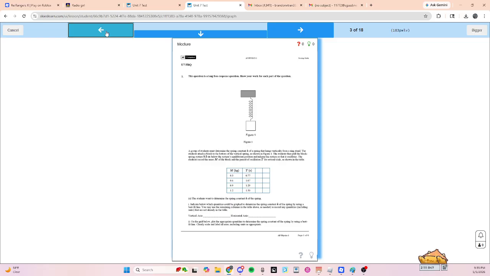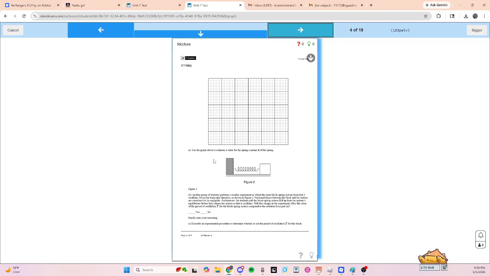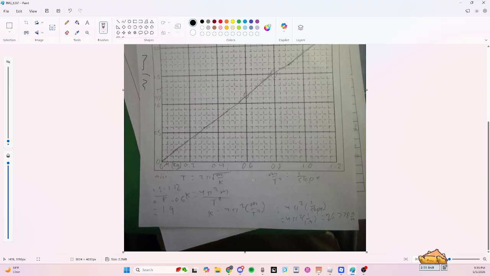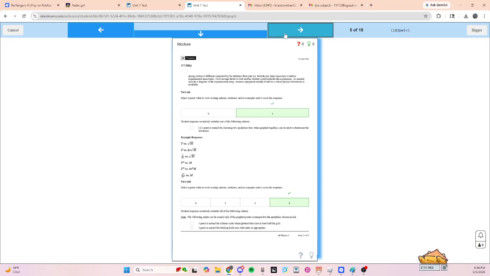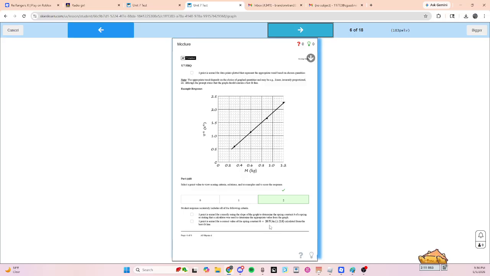Next question: use the graph above to estimate a value for the spring constant. Here I did the math and got 20.778 newtons per meter, so k equals 20, plus or minus 2.